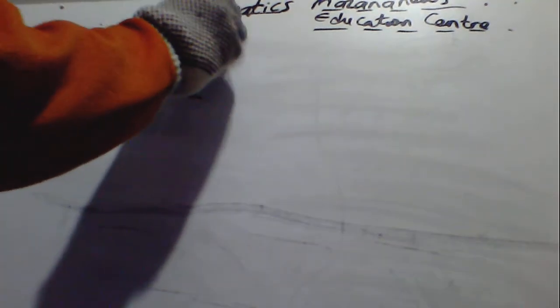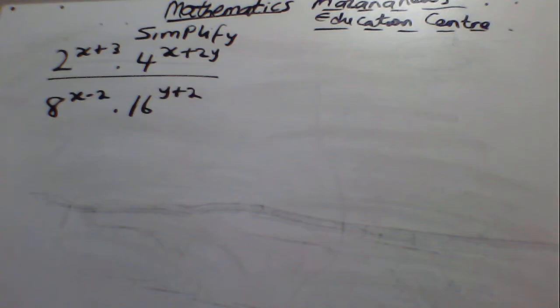You are required to simplify. So how do you simplify this expression? To simplify the expression, you have to apply the knowledge of indices, collect like terms together, and then simplify like terms to see if further simplification is possible.